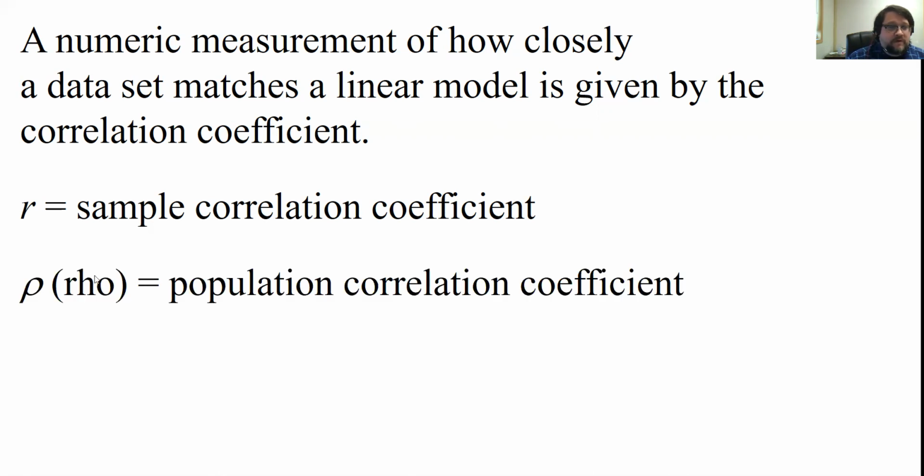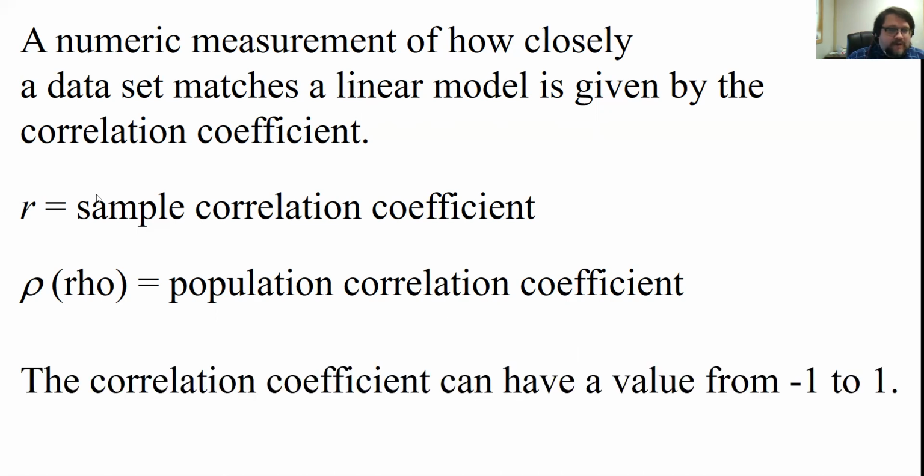Rho, so it looks like a P, but it's the Greek letter rho. And that's going to be the population correlation coefficient. So how strongly are these things related in the population versus how strongly are they related in our sample? Today we're going to worry about the sample one, the R, but you should know rho as well, as that's the one for the population. And this value is going to go between -1 and 1. So some comparisons here.